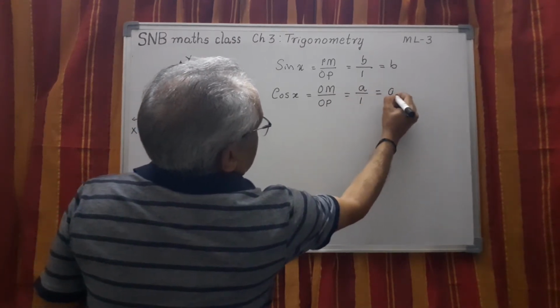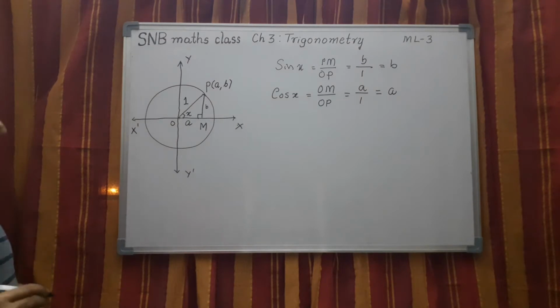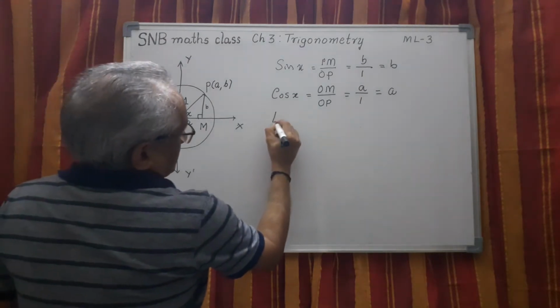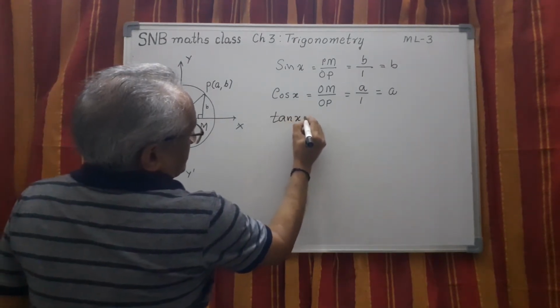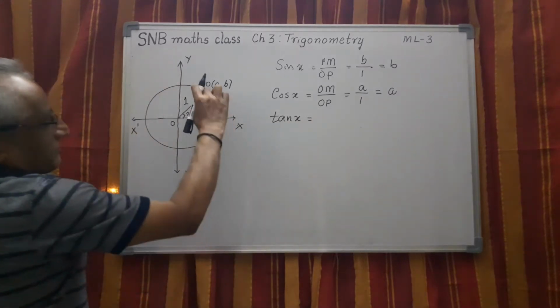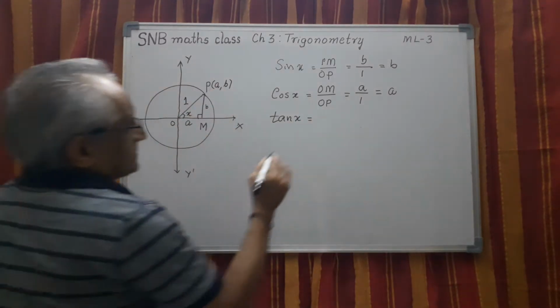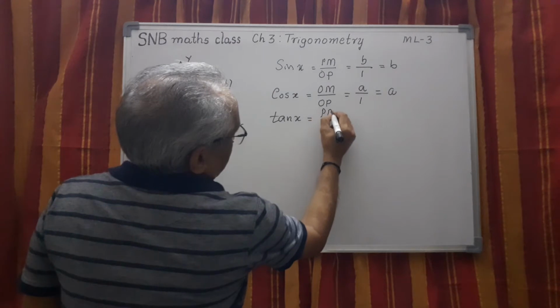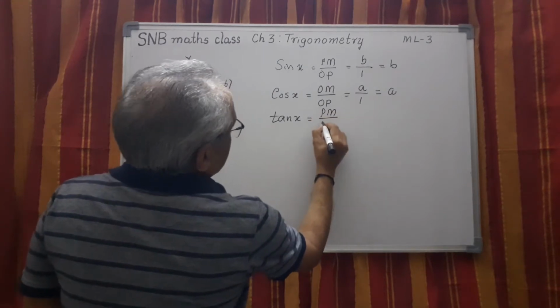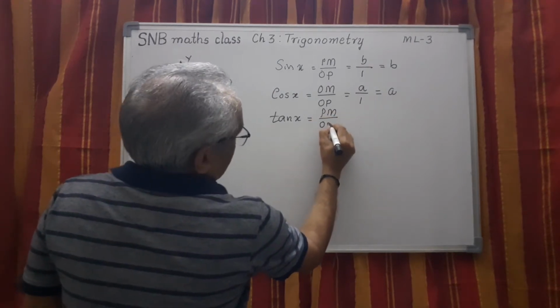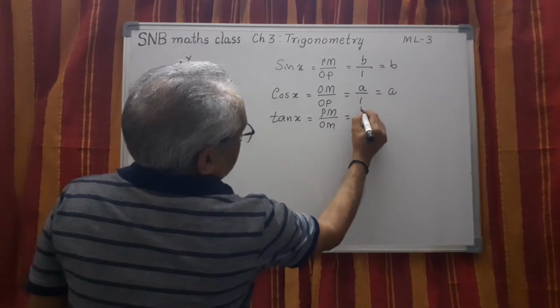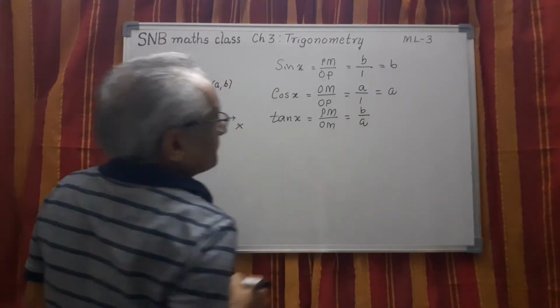So this is A. Similarly, we can define tan x will be equal to opposite divided by adjacent. So it is PM divided by OM, and this is equal to B divided by A.